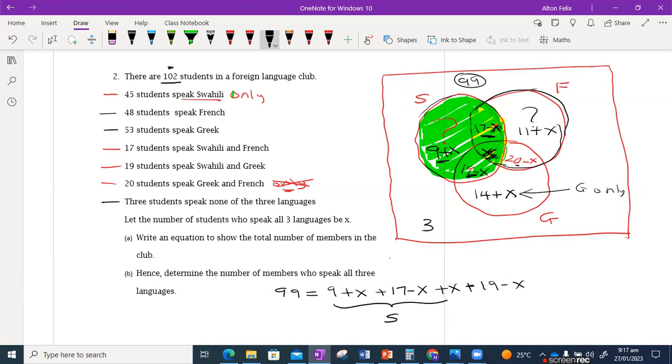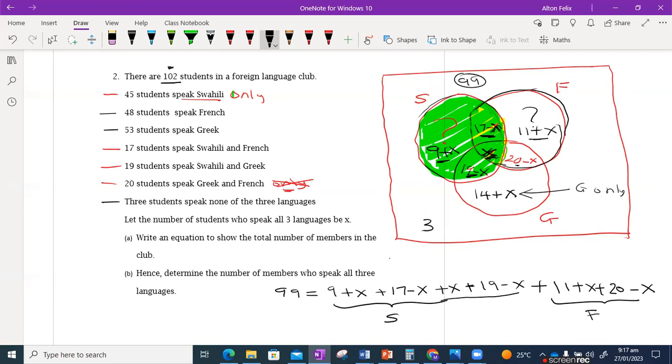Now we're going to add in the rest of the information for, let's say, circle F. We already accounted for 17 minus x and x here. So we need to add the 11 plus x and the 20 minus x. 11 plus x plus 20 minus x. This will be the rest of F, right?